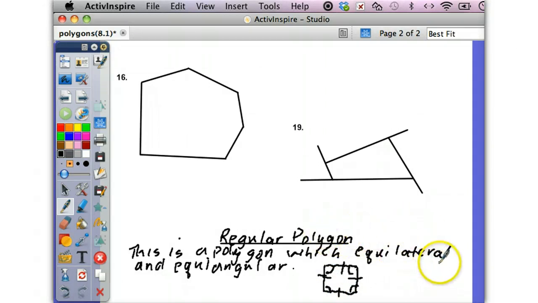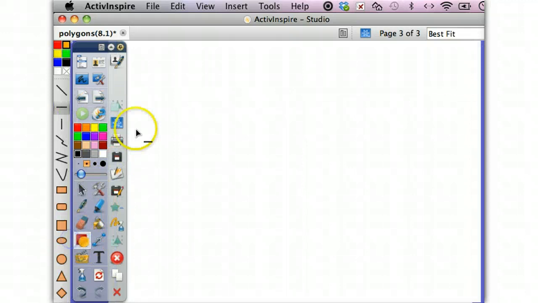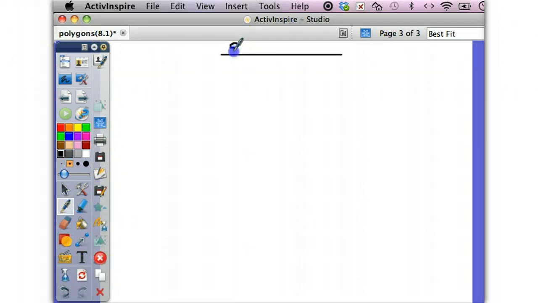Now let me give you another formula. Let me go to another sheet before I get to this example. I'm going to look at the sum of the exterior angles.